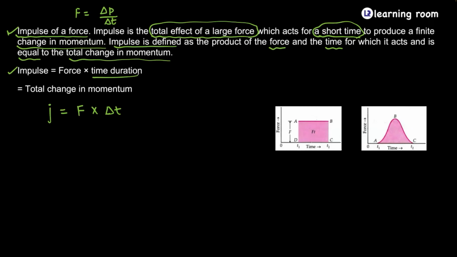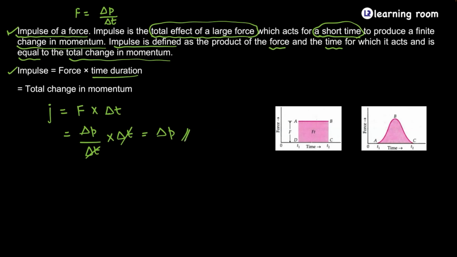But what is F according to Newton's second law? It is the rate of change of linear momentum; mass into acceleration is derived from this expression. So it is the rate of change of linear momentum into delta T. Delta T and delta T will get cancelled, and the answer will be delta P, which is the change in linear momentum.